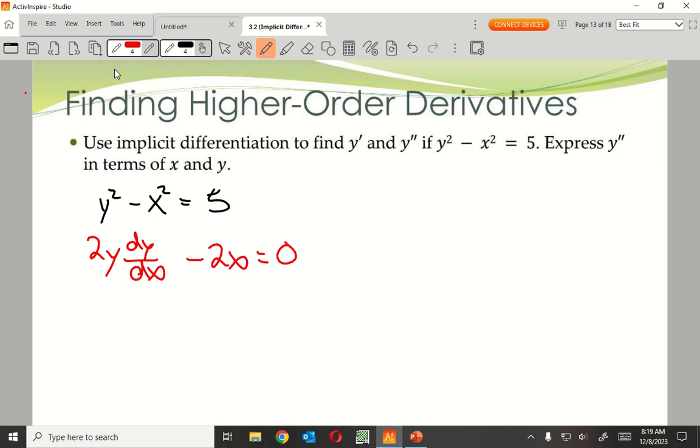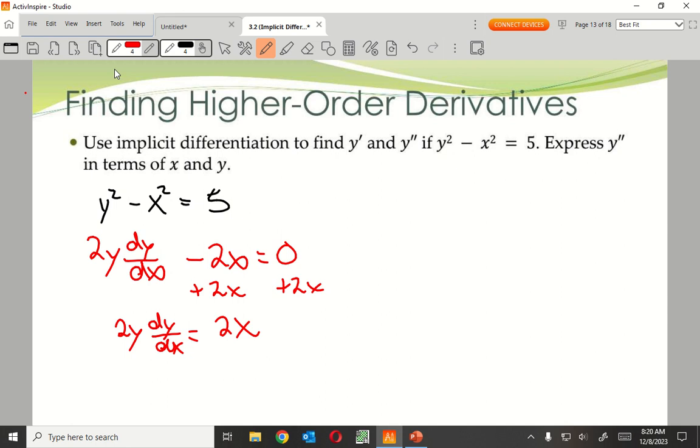So I want to get that by itself. I'm going to add 2x to both sides, so I get 2y dy dx is equal to 2x. And then to get my dy dx by itself, I do what to both sides?